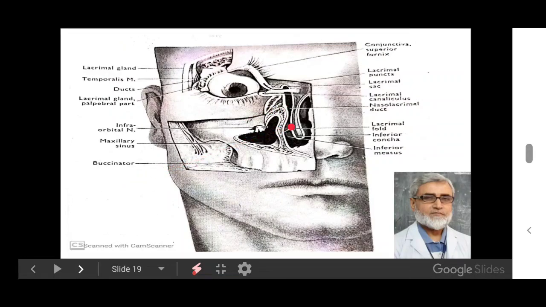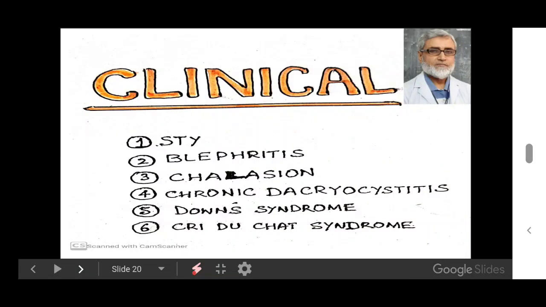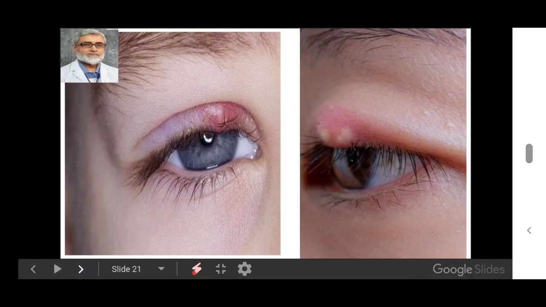Now come over some clinical aspects. Earlier I mentioned the stye: red, swollen, infected, bulging, abscess-like appearance. That is known as a stye. Just see here, this swelling.